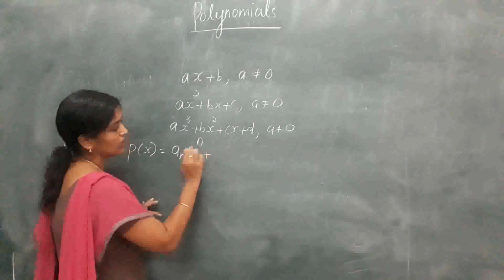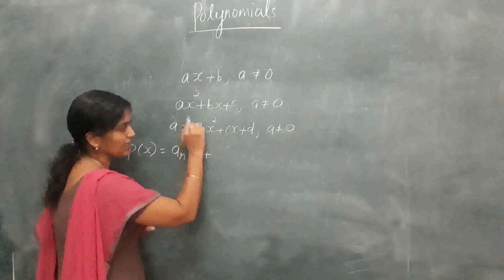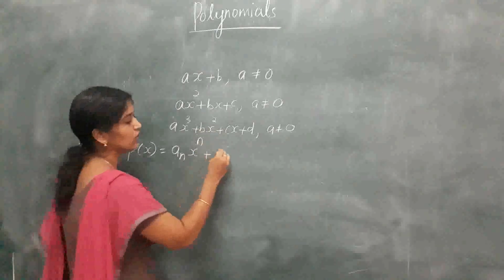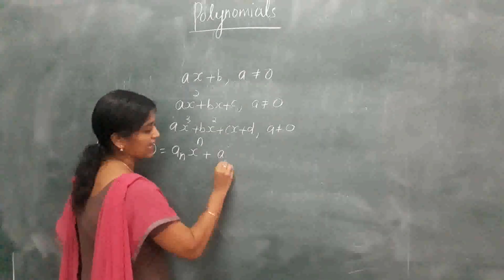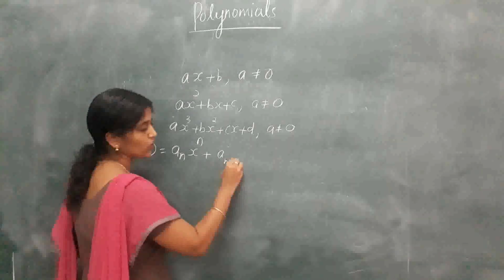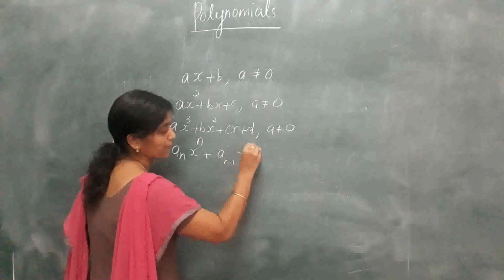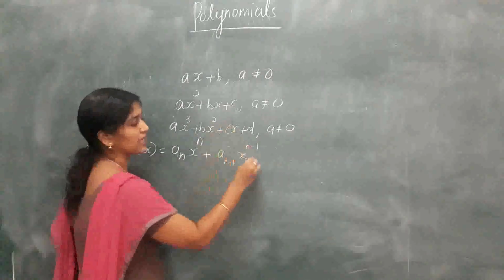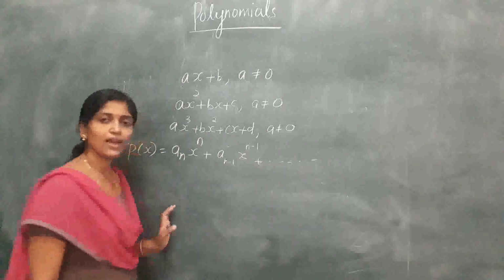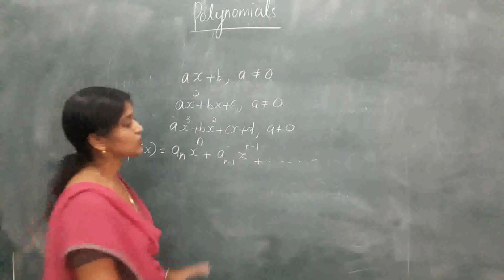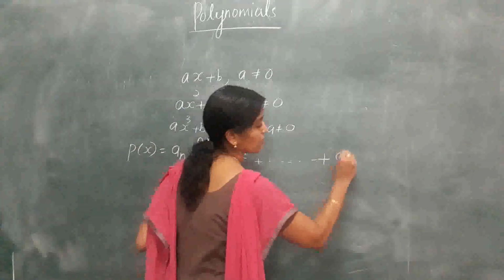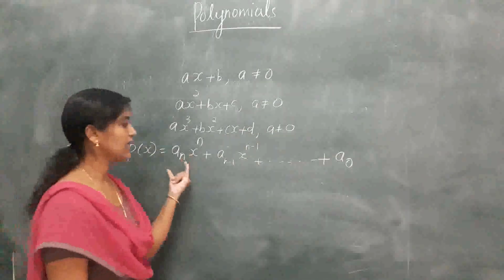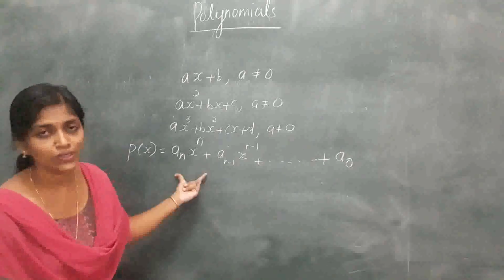Next, if it is 3, the next power is 2. So here also we write a n minus 1 into x raised to n minus 1, that is 3 minus 1, which is 2, and so on. The last term must be a constant, so we take the last term as a 0, where a n is not equal to 0.